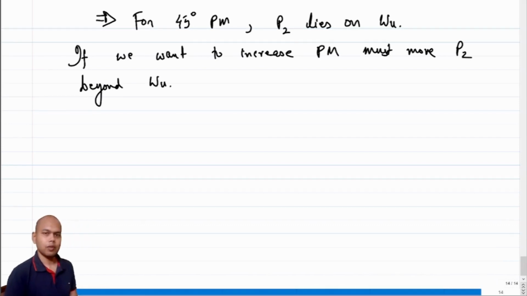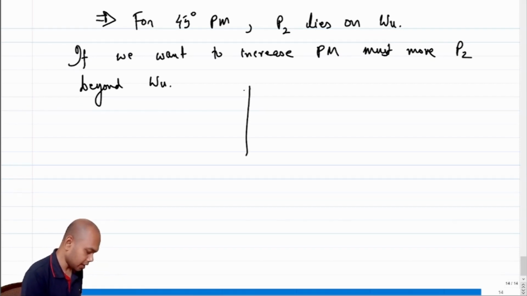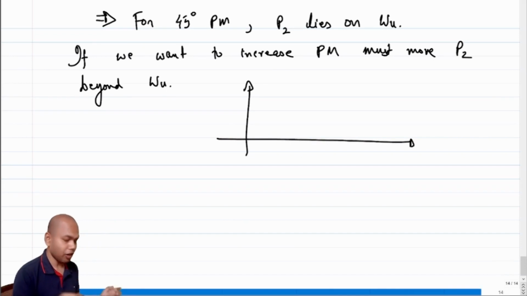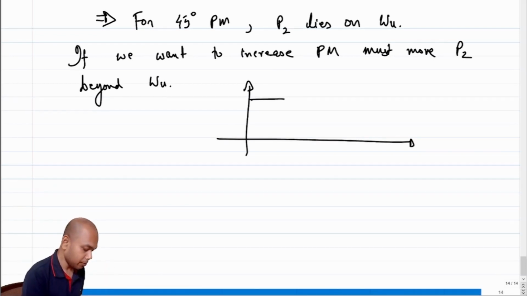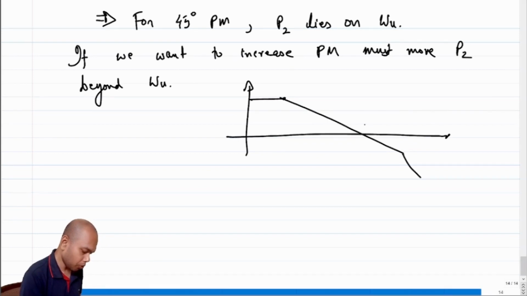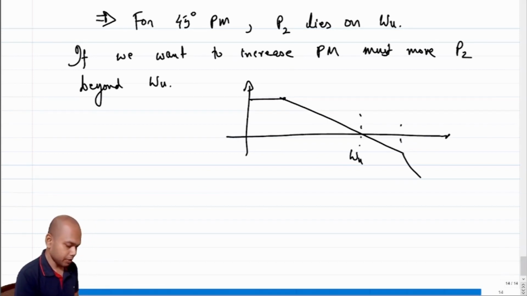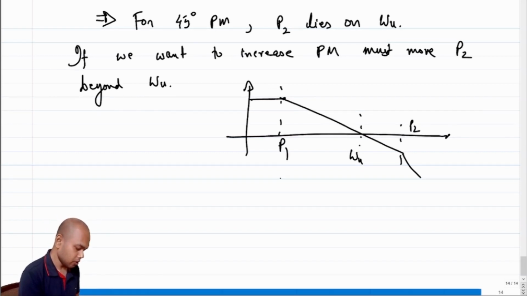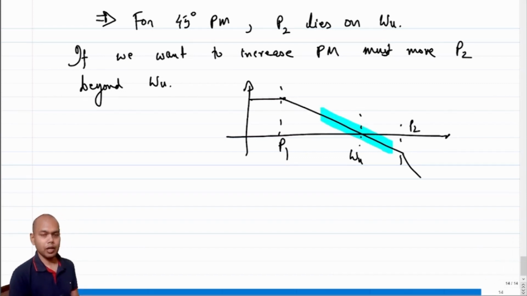That is why very often you will hear circuit designers say that for a well-behaved stable system, particularly a second order system, since we expect the second pole to lie above UGB, heuristically we try to ensure that when we plot the loop gain, the slope of the loop gain around omega u is similar to the slope of a first order system.